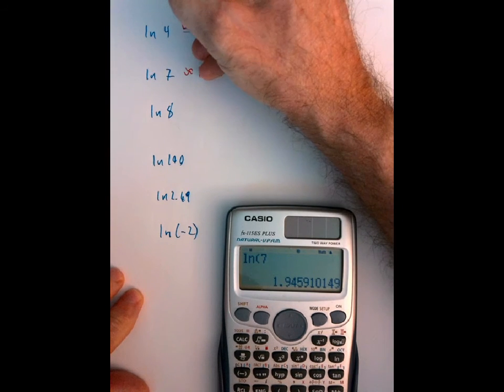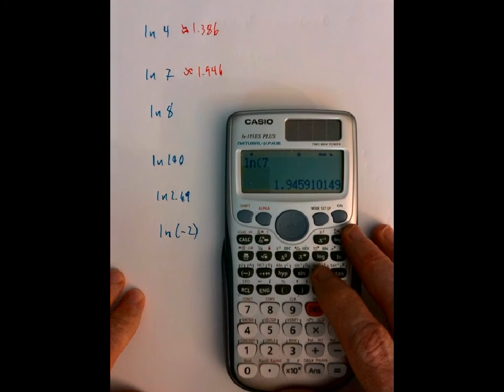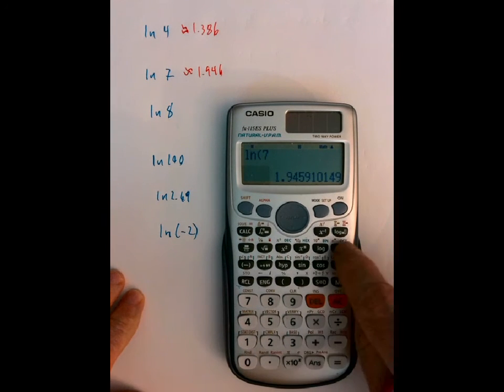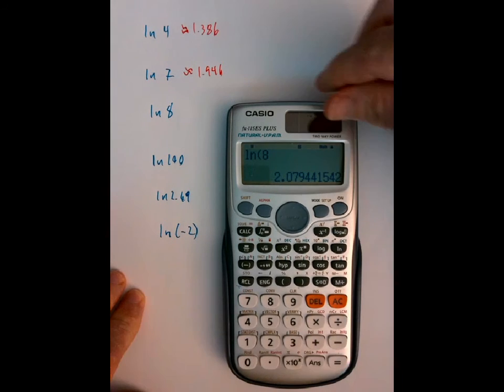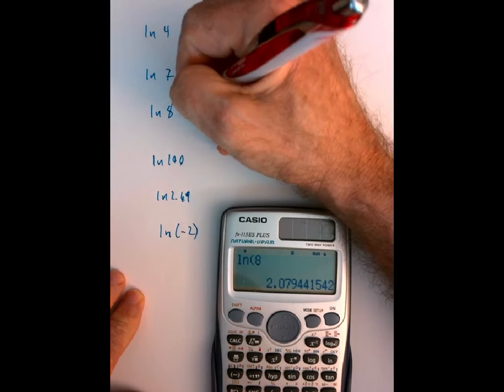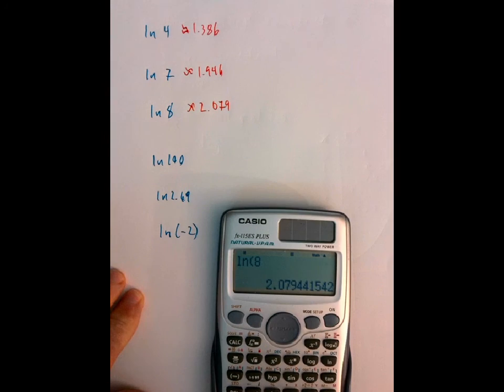The squiggly equal sign, by the way, means approximately equal to. ln 8 is 2.079. See how it gets gradually larger, right?